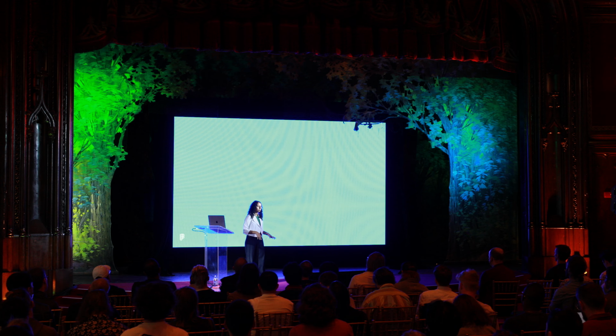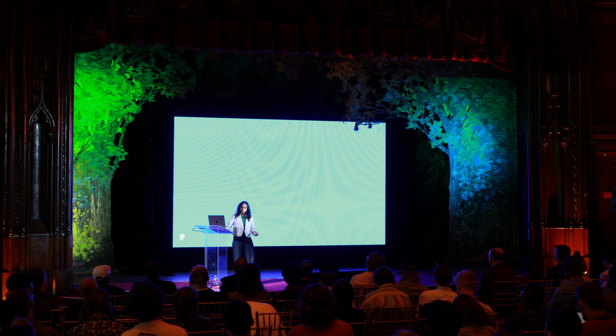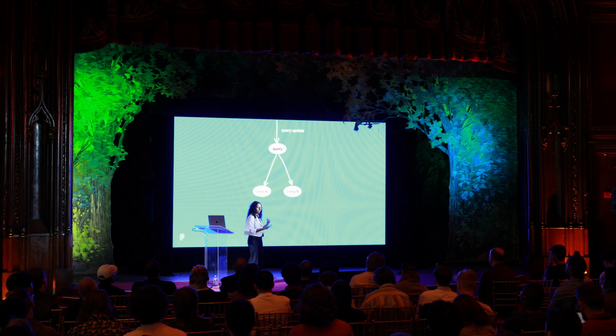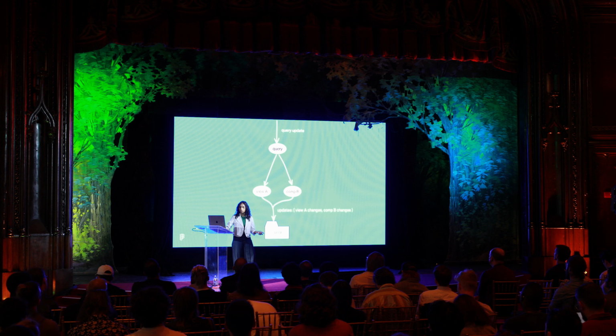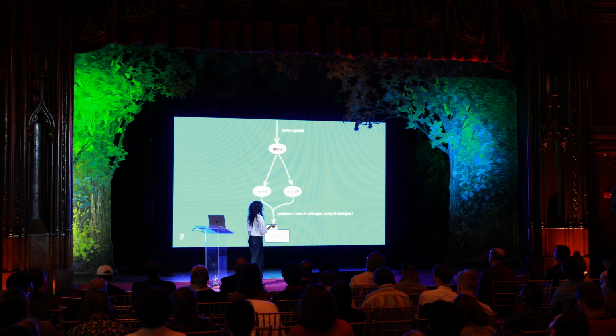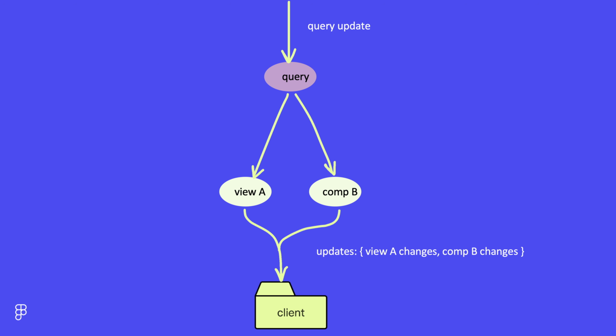And this also poses a problem when it comes to thinking about correctness of sync. So for example, if you have a query that's fetched in some view and some computation, and those are both watched by the same client, ideally, if that query gets an update, you show that change to the client at the same time in both the normal data case and the computation.